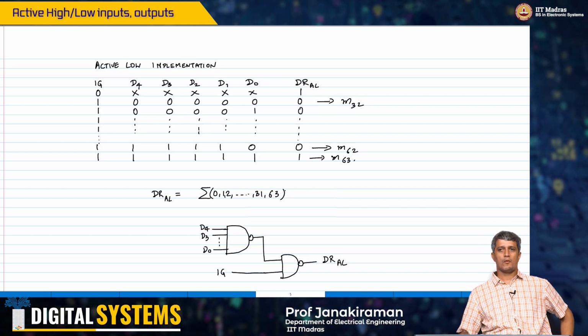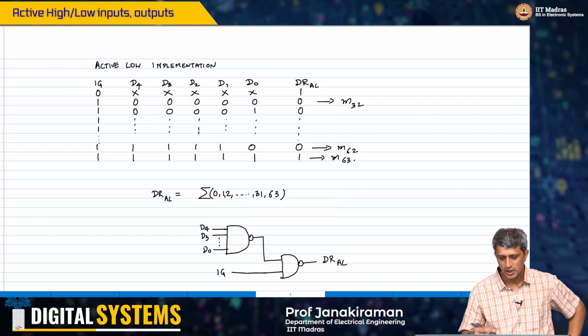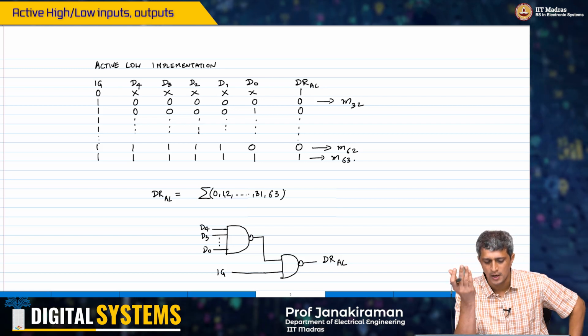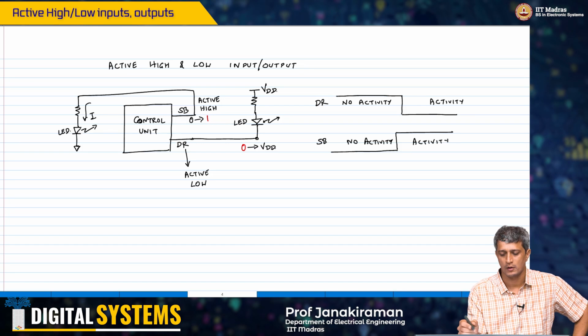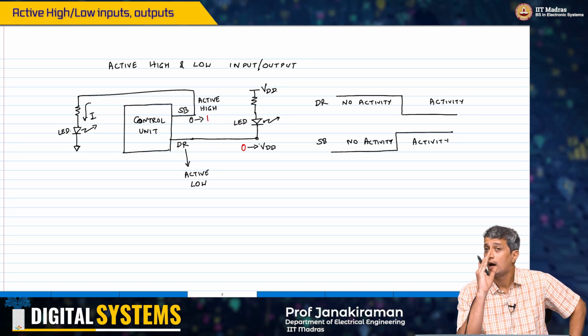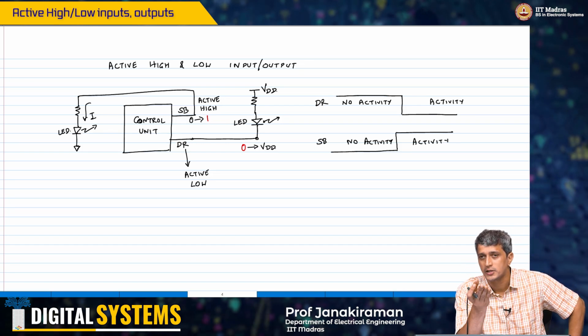Essentially this is what you have. Okay. So when you consider the active low implementation, it may be beneficial to directly design for, you know, considering the final application that you are looking at.